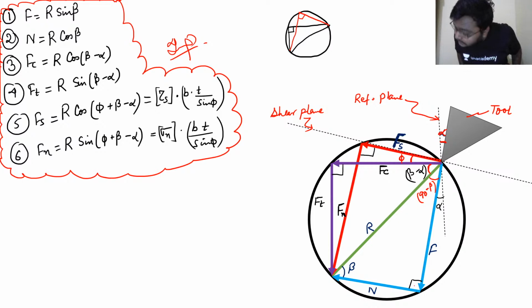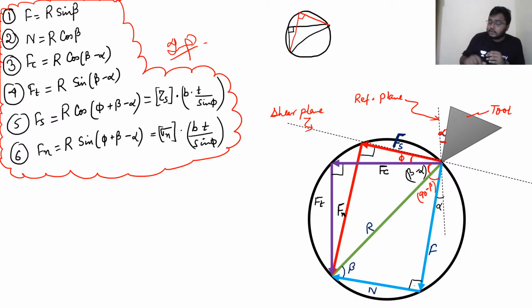See, Syam ji, please see this reaction, that is R, in case of the orthogonal cutting. When we are fixing, this is R double dash, and earlier I have told you that the reaction on that chip, that is R, and the frictional force reaction, that is R dash, both are equal, right?